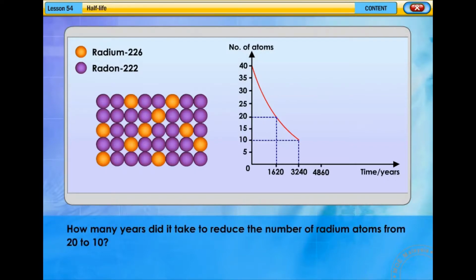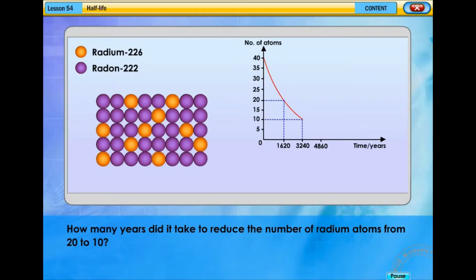How many years did it take to reduce the number of radium atoms from 20 to 10? How many years did it take to reduce the number of radium atoms from 10 to 5?